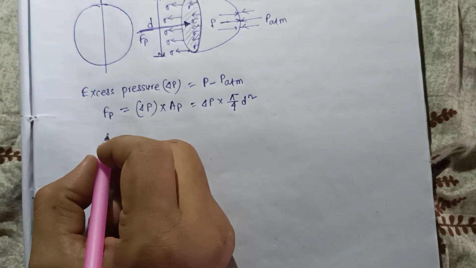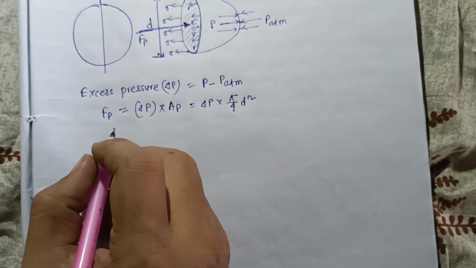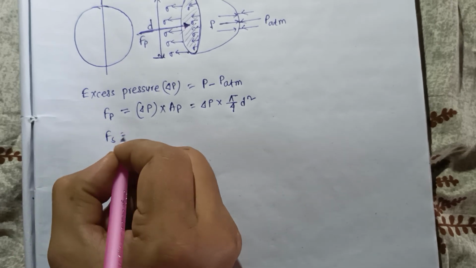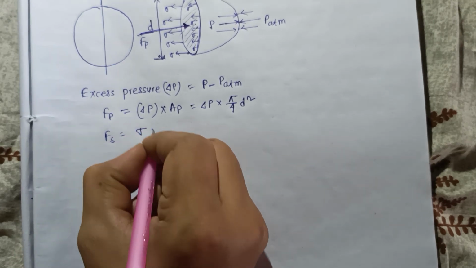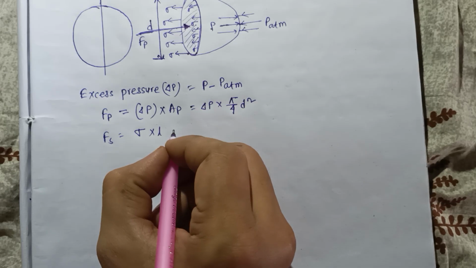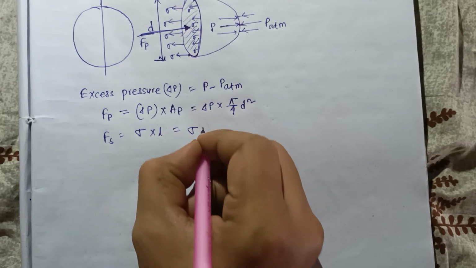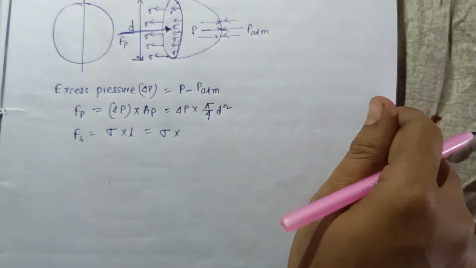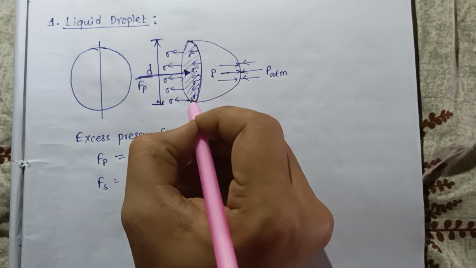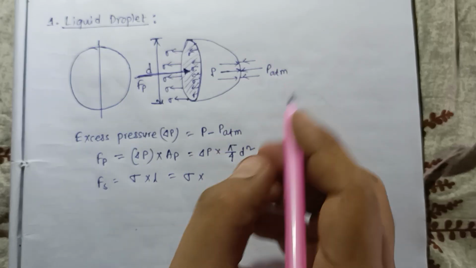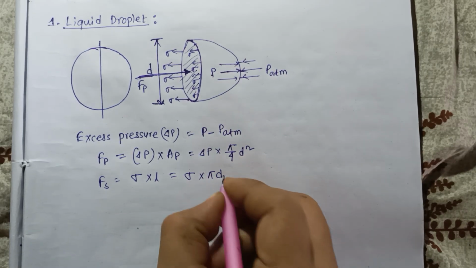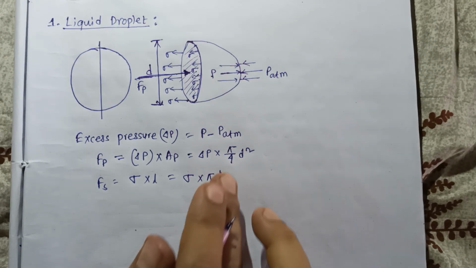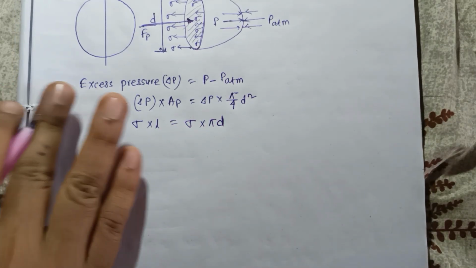And the surface tension force Fs is sigma into L, that is sigma into pi into d, where pi d is the circumference, 2 pi r or pi d.